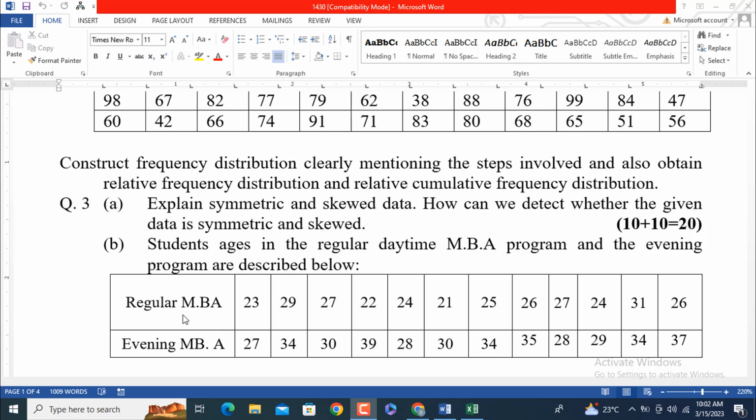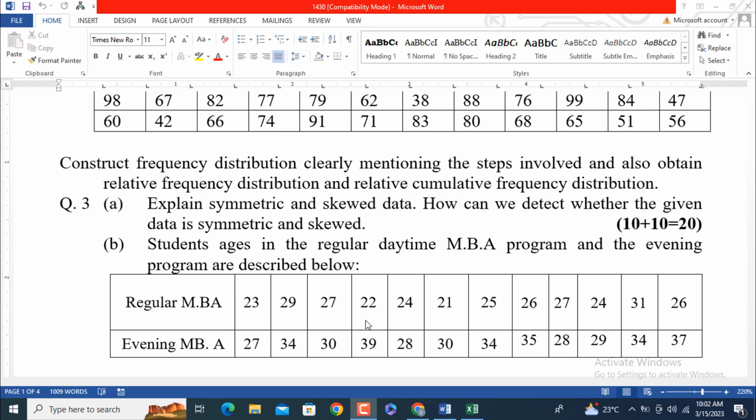So, here is the data: 23, 29, 27, 22, 24, 21, 25, 26, 27, 24, 31, 36. And similarly, evening M.B.A: 27, 34, 30, 39, 28, 30, 34, 35, 28, 29, 34, 37.